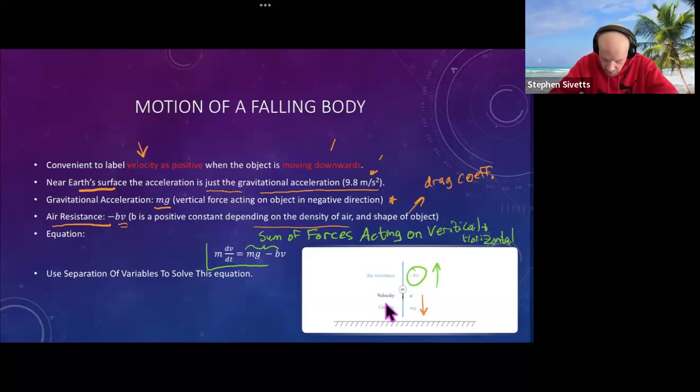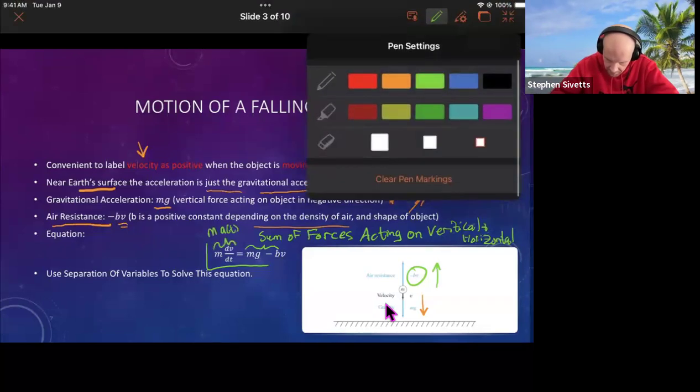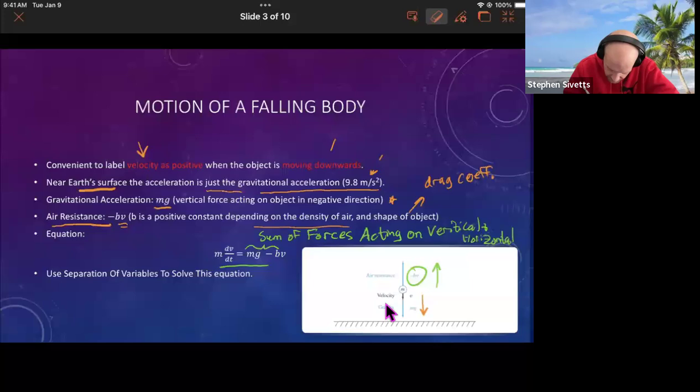So mg minus bv is just the sum of the vertical forces acting on the object. And the left-hand side is just mass times the acceleration. So this is just your basic Newton's second law of motion. Let me erase all of this here.